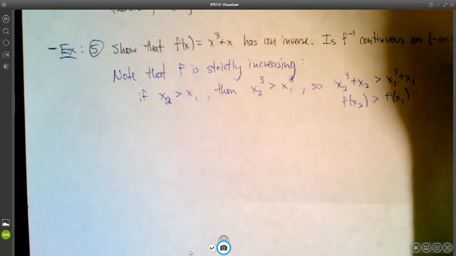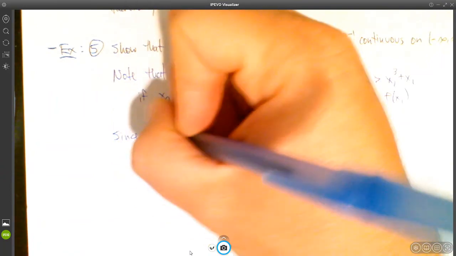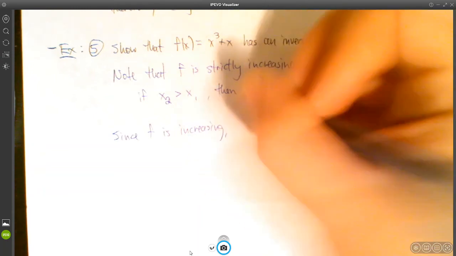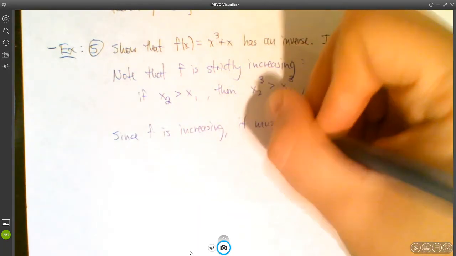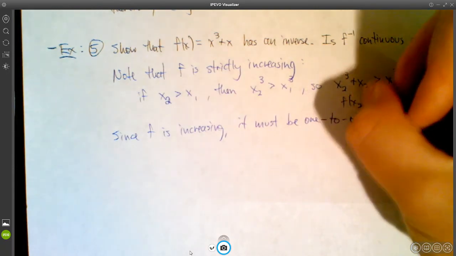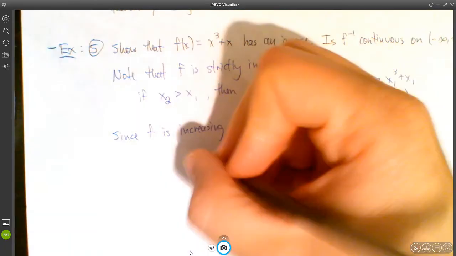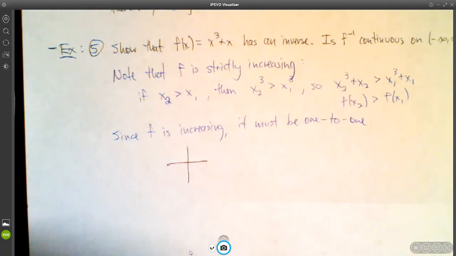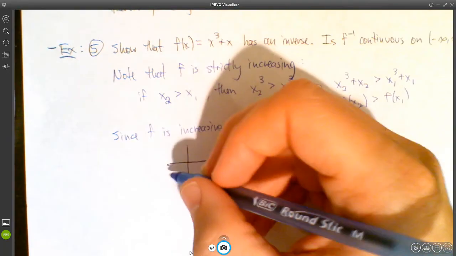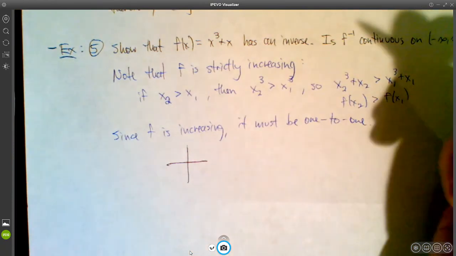What does that tell us? Since f is increasing, it must be 1 to 1. Well, why is that? Because a function that isn't one-to-one would fail the horizontal line test.